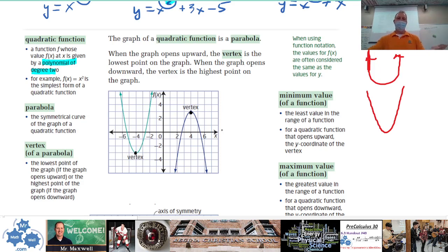The minimum value of the function occurs at the y value of the vertex. This is not the minimum. That's the x value of the vertex. The y value of the vertex would represent the minimum. If you have a parabola that opens down, then there's a maximum point. That's the y value of the vertex.